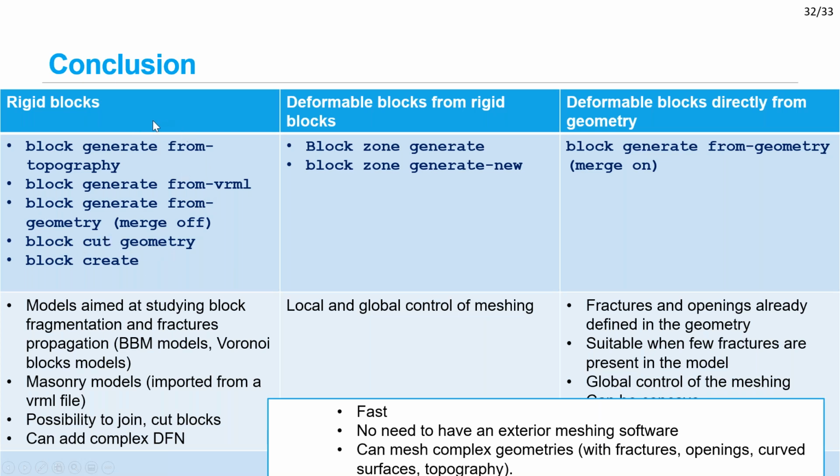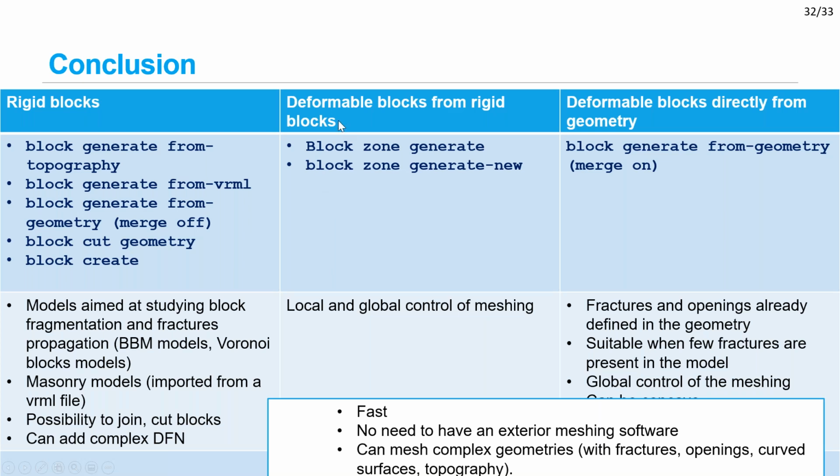So here you have these different commands. This allows us to have bonded block models, for example, masonry models. We can also have quite complex rigid block models that we can later on join and do other manipulation, cut the blocks and add the DFN on top of it.